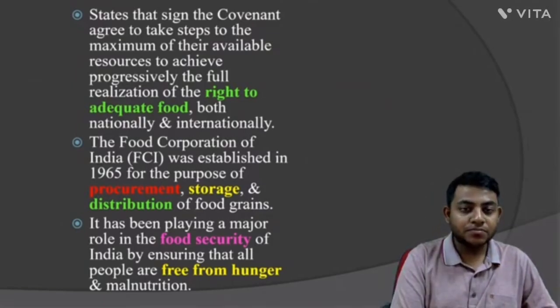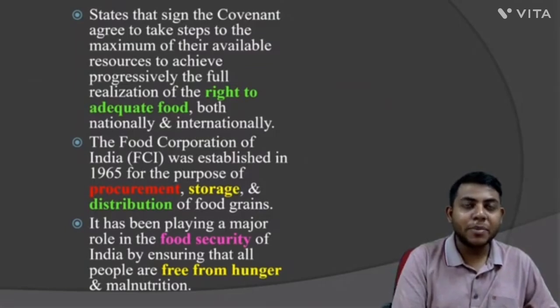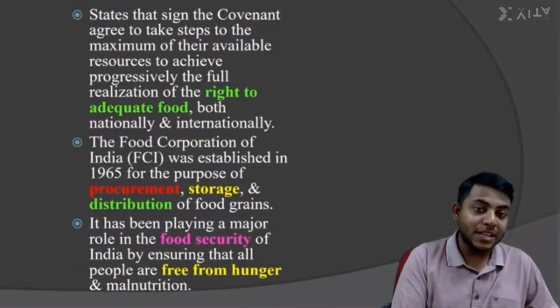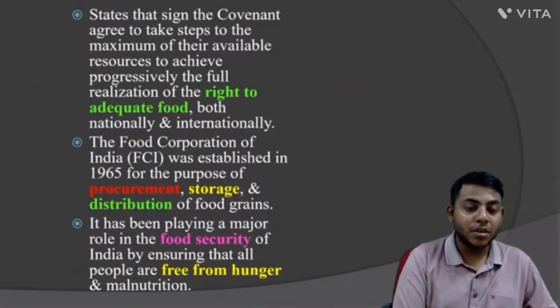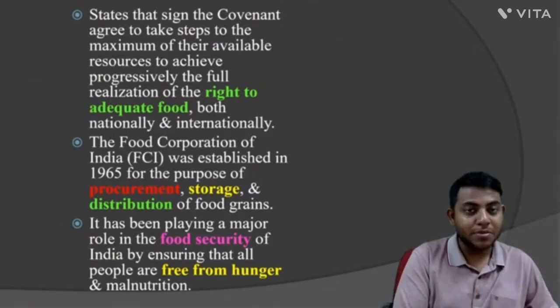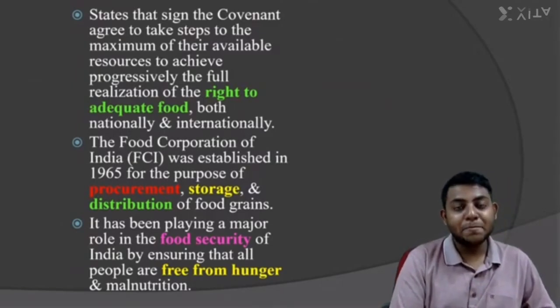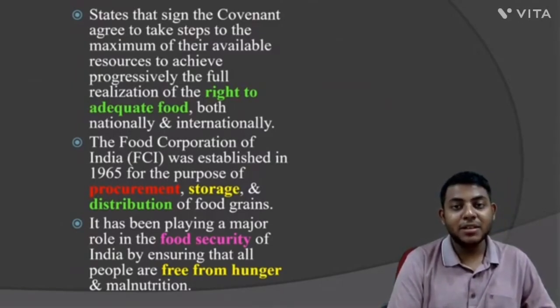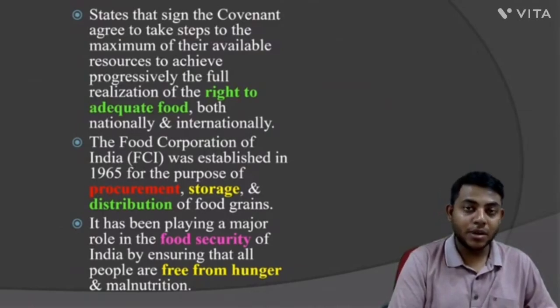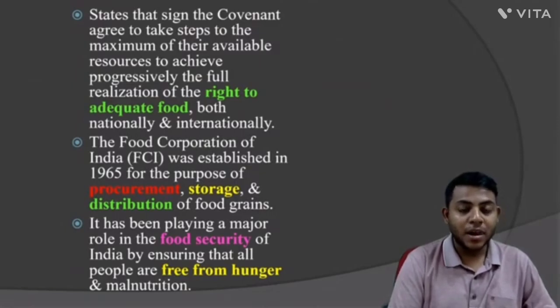And right after partition, we see that the partition also wreaked havoc on the peasants, especially in the frontier provinces. And we see that after independence, India in terms of food security was not self-sufficient in terms of food grains production as well.